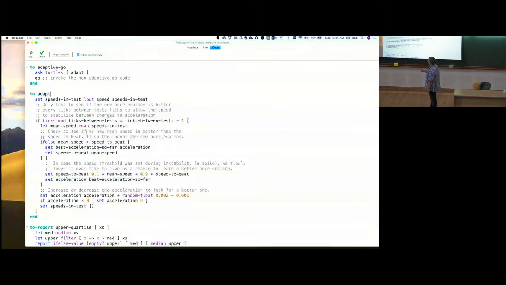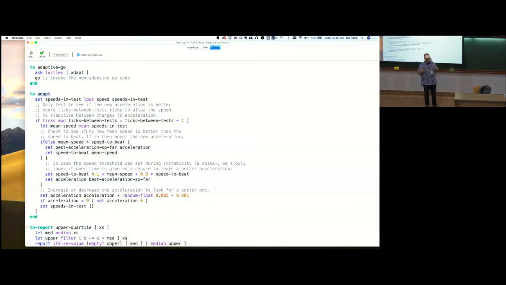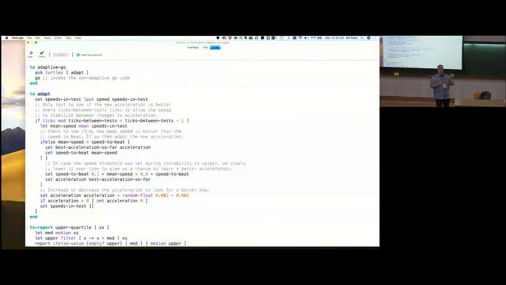If it's not, if they did worse than the last time period, then they're going to set their speed to beat to be 0.1 times the mean speed plus 0.9 times the speed to beat. This just gives you a weighted average of what the current speed to beat is.